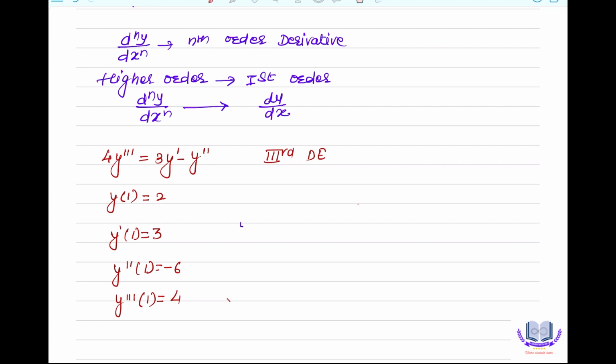First of all we have to understand what is this all. This is called initial values.